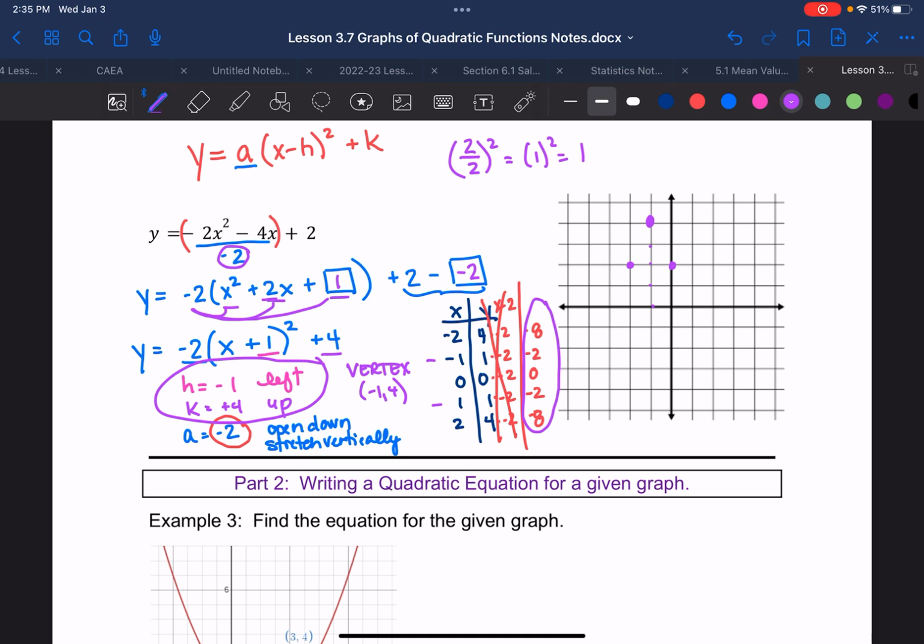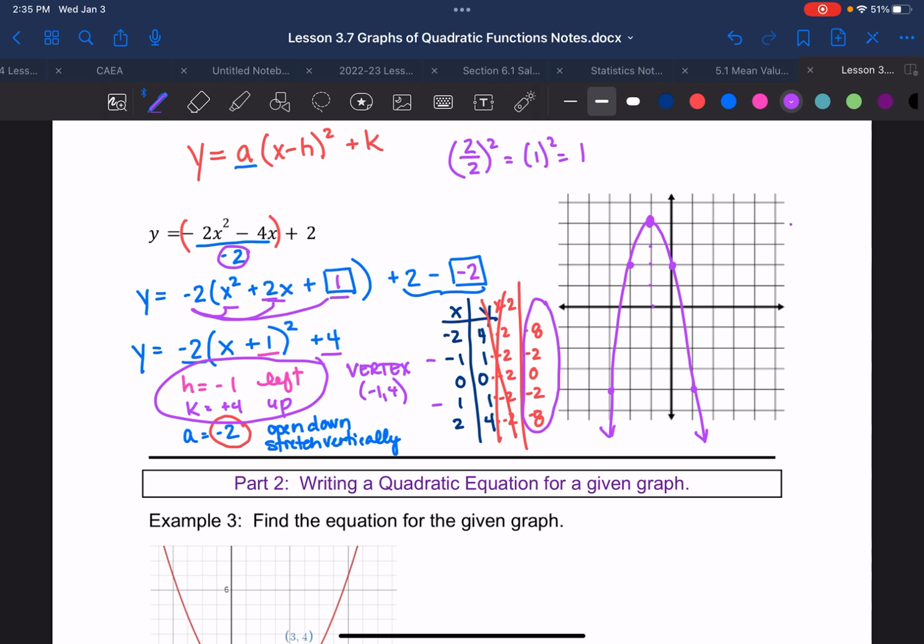Instead of out 2, up 4, we're going to go out 2, down 8. 1, 2, 3, 4, 5, 6, 7, 8 in both directions, flipping my parabola downward and making it much thinner than it was from the parent graph.